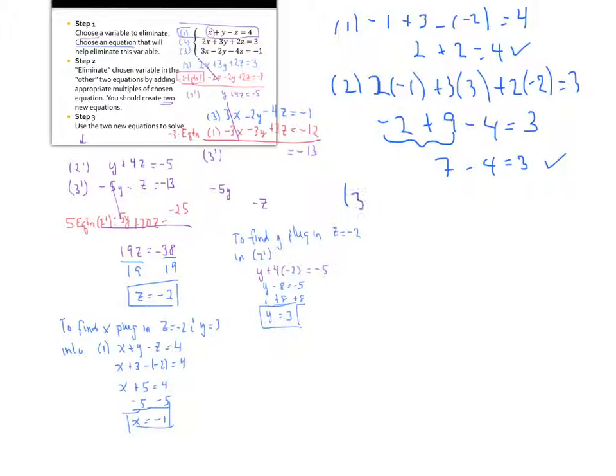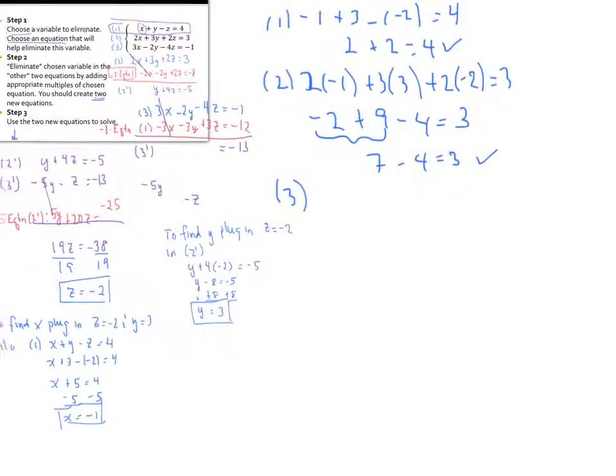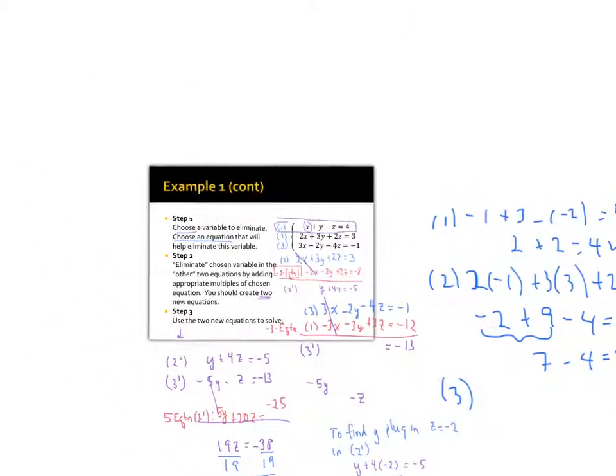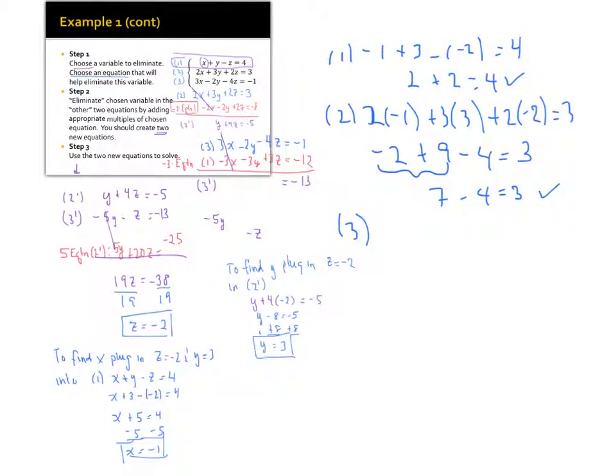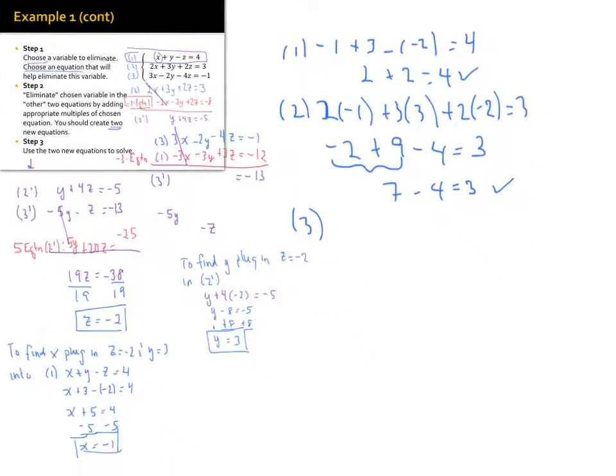And finally, the third equation, this third one over here. Sorry, you guys. The third equation, all we have to do is say, okay, well, 3 times -1 minus 2 times 3 minus 4 times -2 is equal to -1.